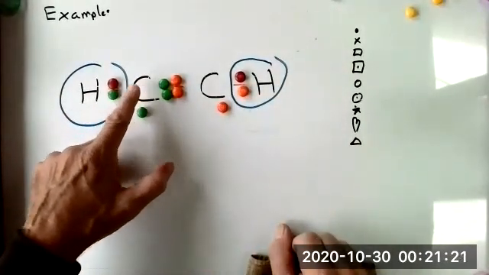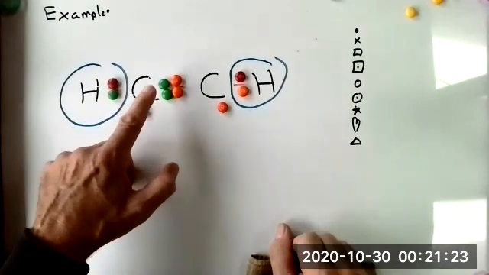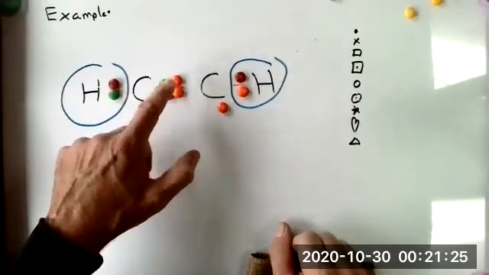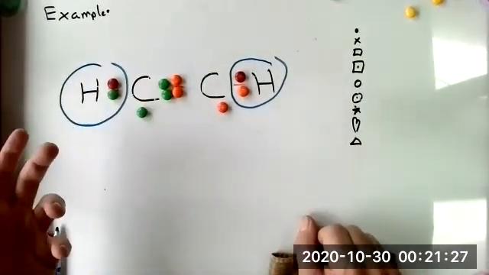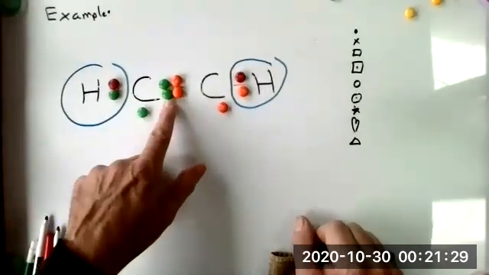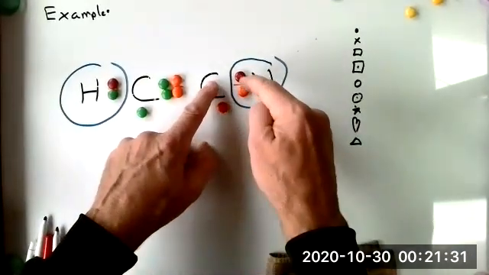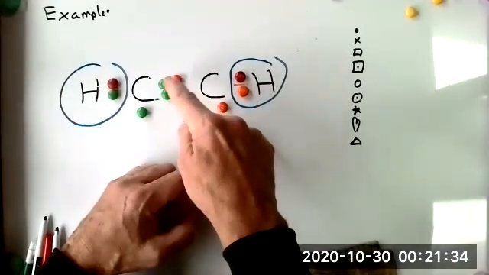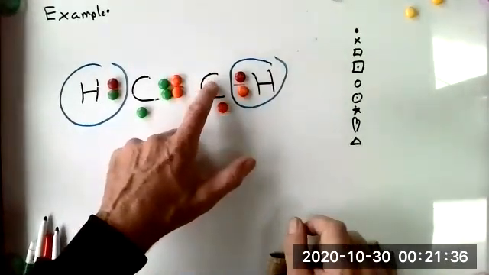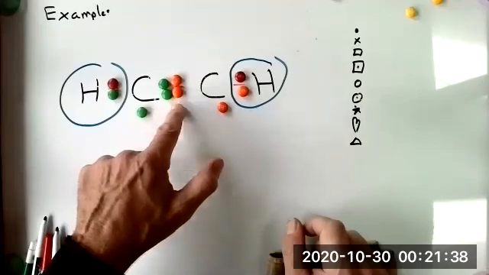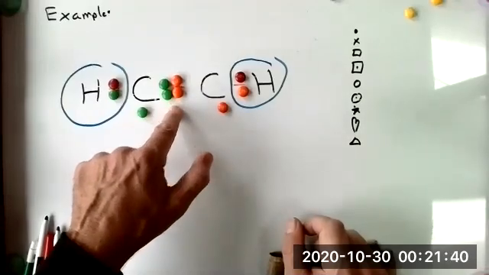Now this carbon, 1, 2, 3, 4, 5, 6, 7. He's still short. He needs to get 8. So I know, and this carbon's the same thing, 1, 2, 3, 4, 5, 6, 7. He is still short. That means that bond is not large enough, because I have to get to 8.